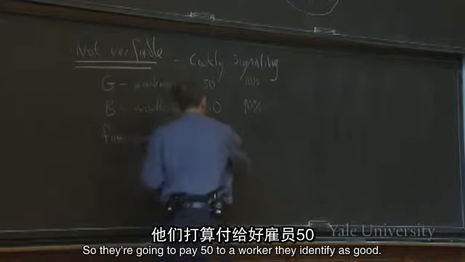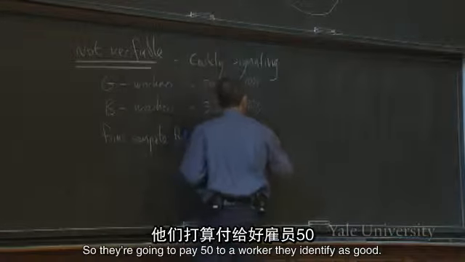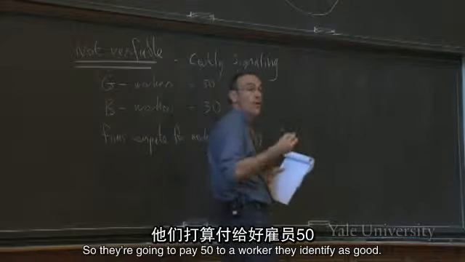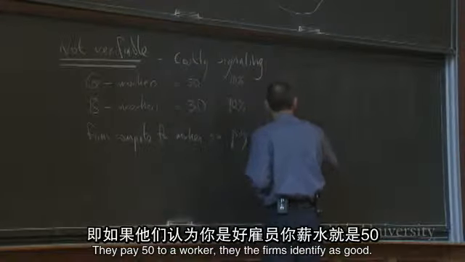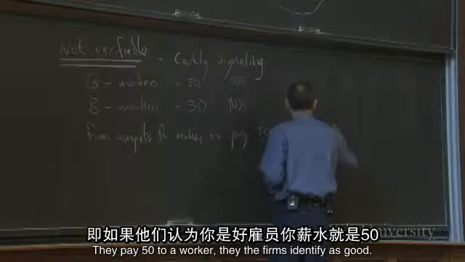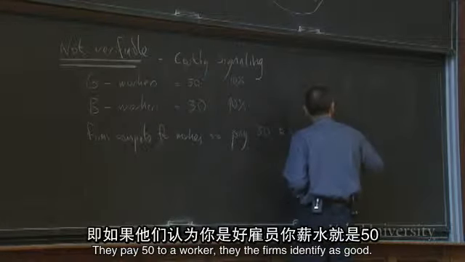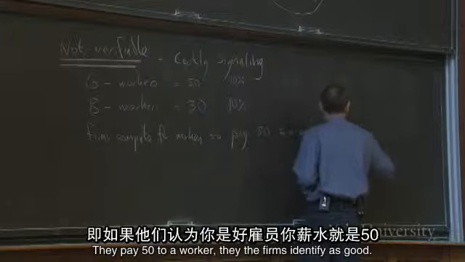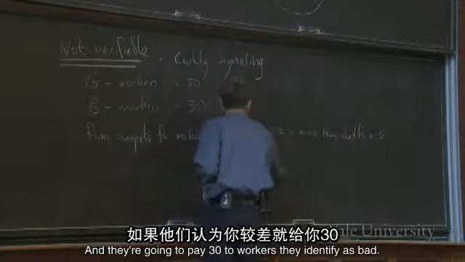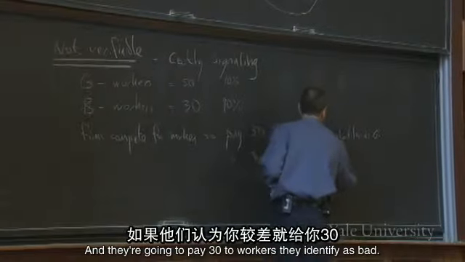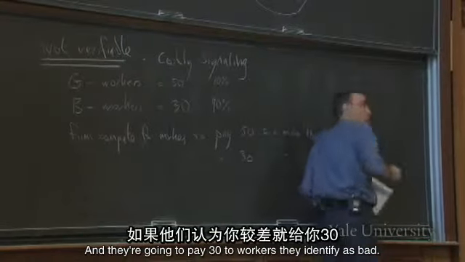They're going to pay 50 to a worker they, the firms, identify as good, and they're going to pay 30 to workers they identify as bad.